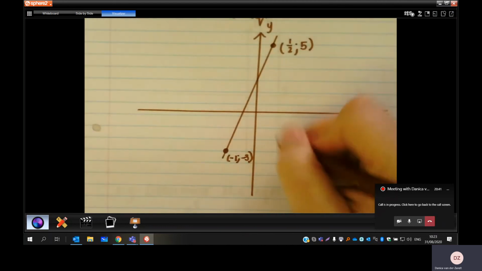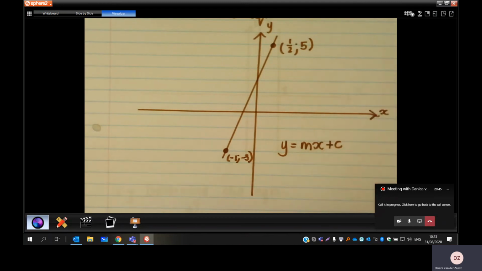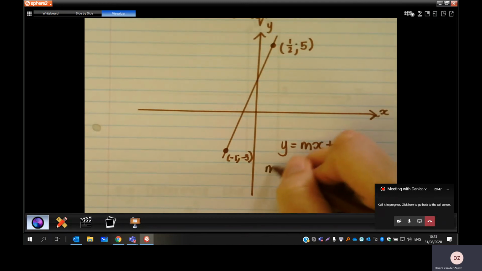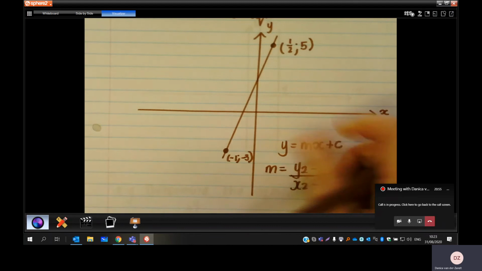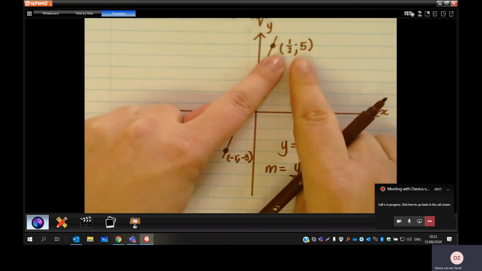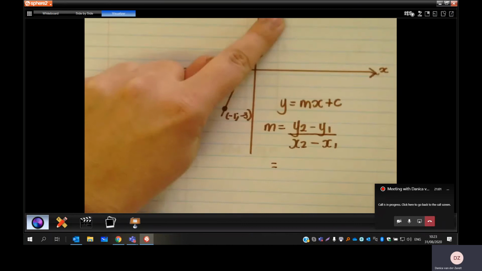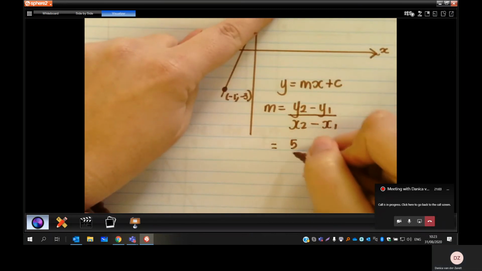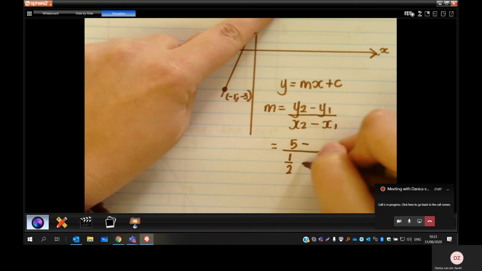So we have 2 points. I'm trying to get to y equals mx plus c. Calculating my gradient, I take the first y coordinate minus the second y coordinate over x2 minus x1. I will choose this one as my first one, with my y on top and my x below it.